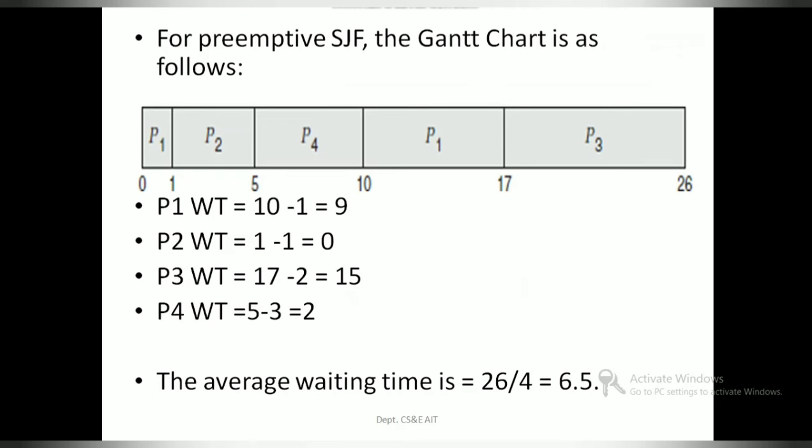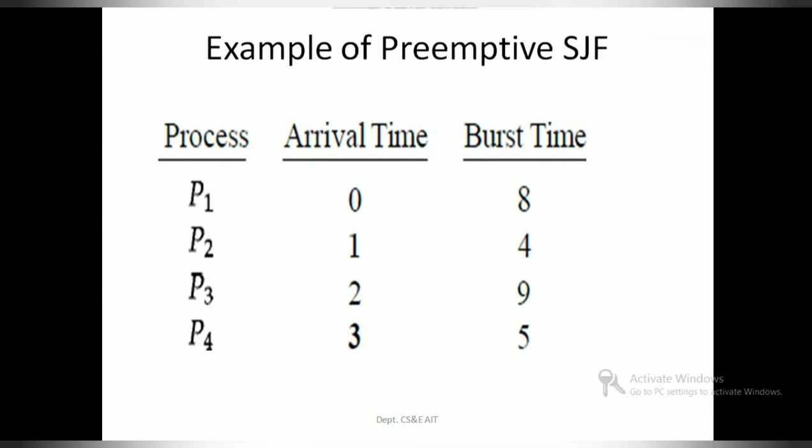Now what happens? The preemptive version of shortest job first is what we are discussing. So now the process P1 shall be preempted and the CPU is taken over by process P2, because process P2 has a smaller burst time compared to process P1.